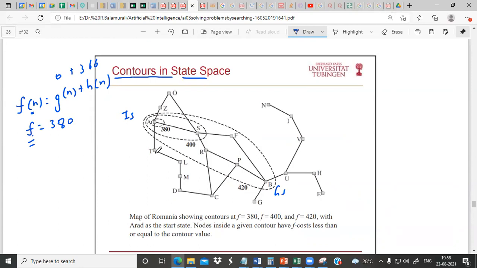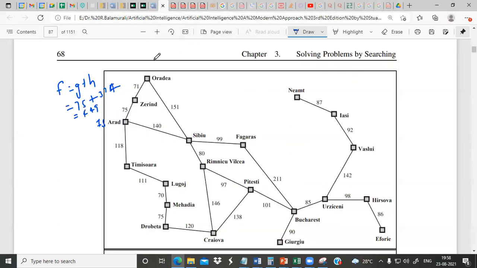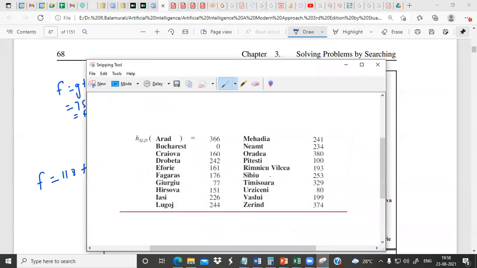Now, can we include Timisoara? Its G value, from the initial state Arad, is 118, and its heuristic cost is 329.